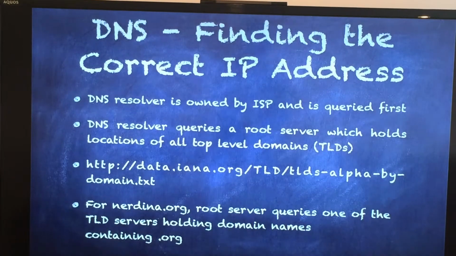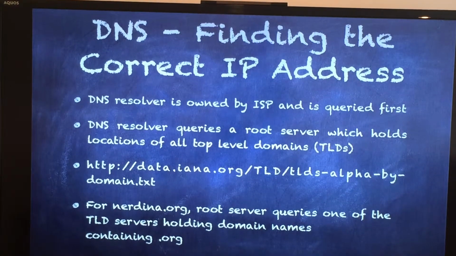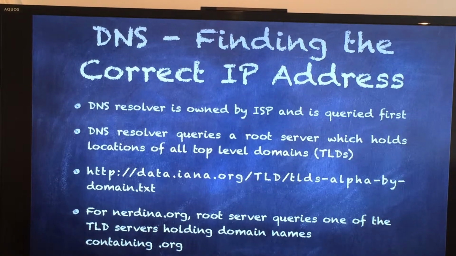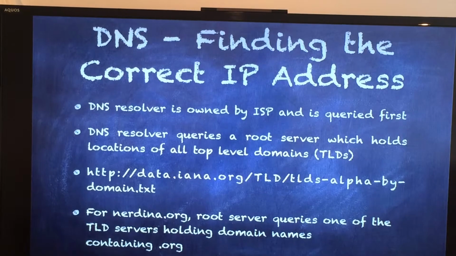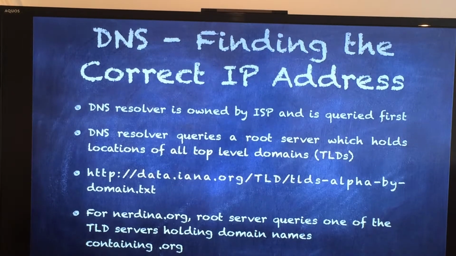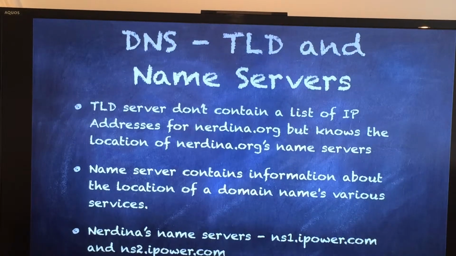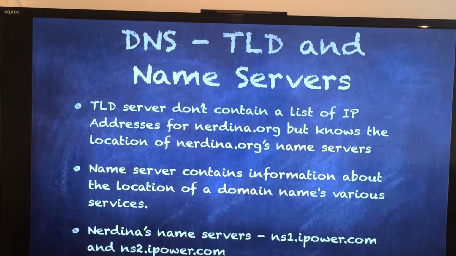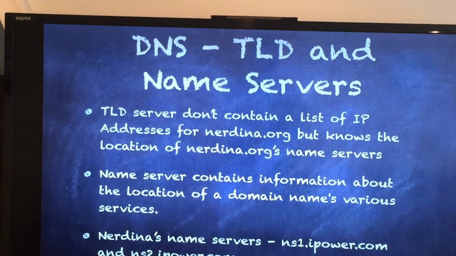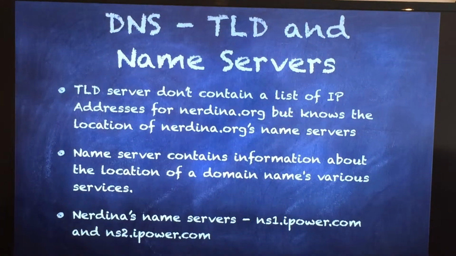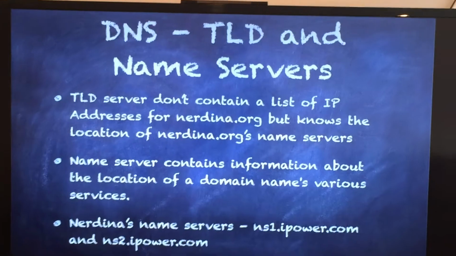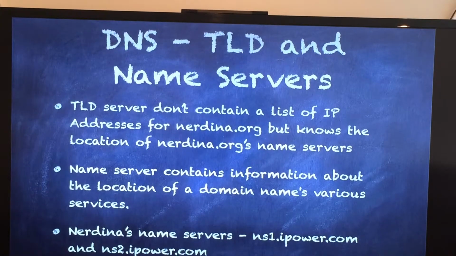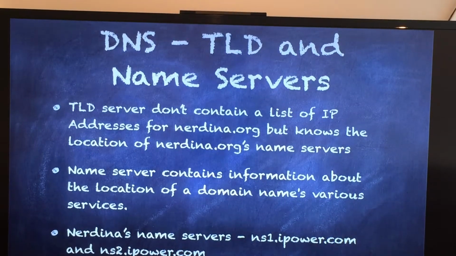So now, if I typed in nerdina.org, the root server would query one of the top-level domain servers holding domain names that contain .org. However, there is one important distinction that has to be made. The top-level domain server doesn't contain a list of IP addresses for nerdina.org, but it does know the location of what are called nerdina.org's name servers.